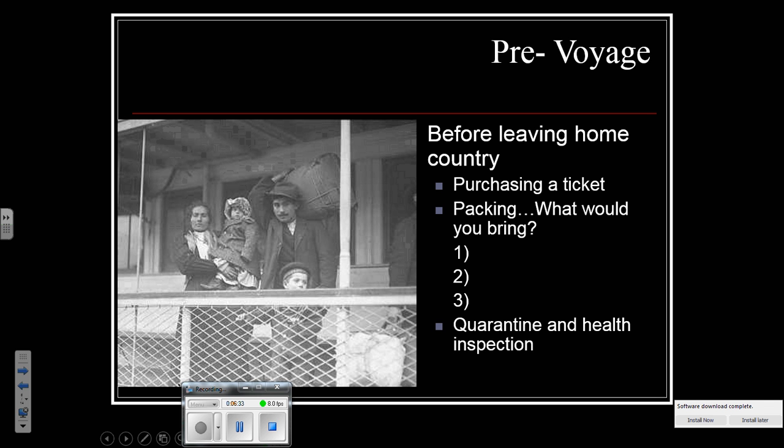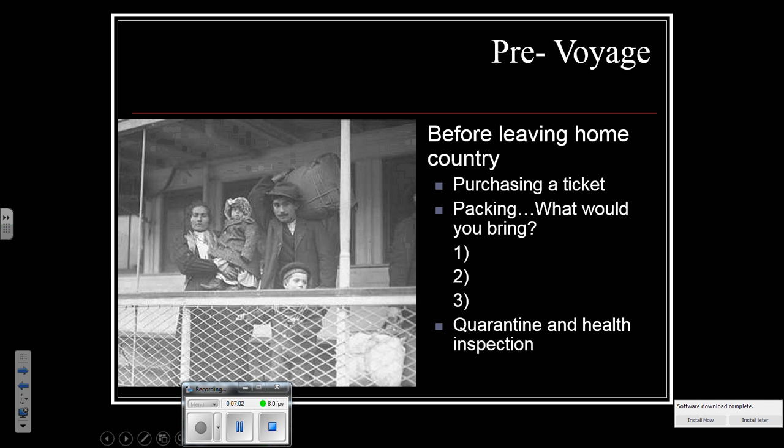So if you were to pick the top 3 things that mean the most to you, what would they be? My Xbox. Well, there's no electricity back then. So let's talk about what things would be most important to you. Raise your hand. Tell me what you think. Pictures. Good. What else? Money, if you have any. Family memorabilia. Good.